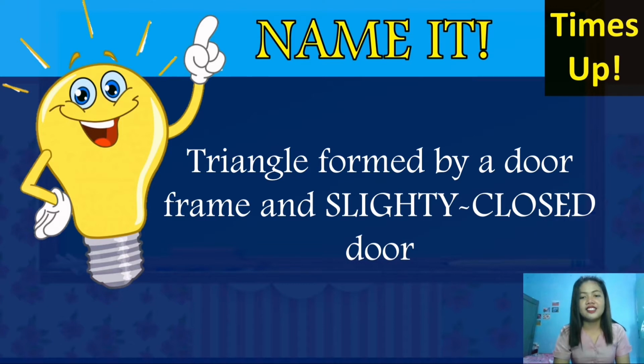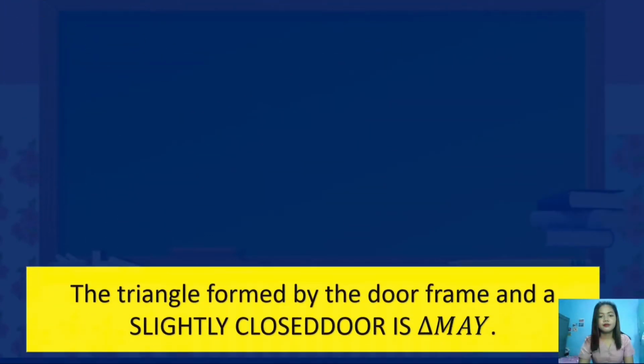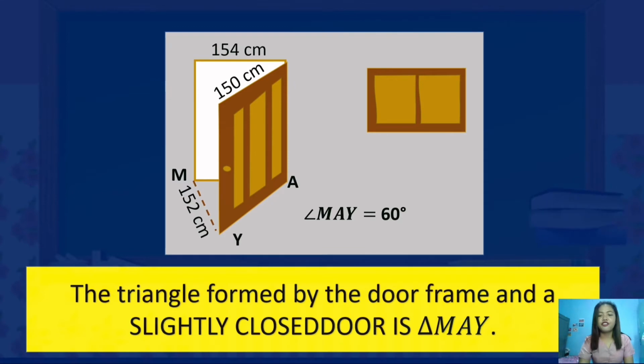So that is the triangle formed by the door frame and slightly closed door is triangle May. So you have it here. We have MAY.